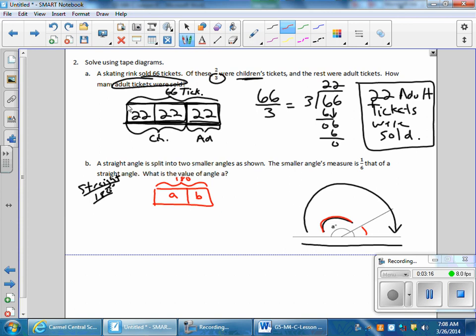The smaller angle is 1/6 of a straight angle, so I'm going to break this into 6 parts. A straight angle is 180. 180 broken up into 6 parts is 180 divided by 6, which is 30. If you need a standard algorithm, do a standard algorithm there.